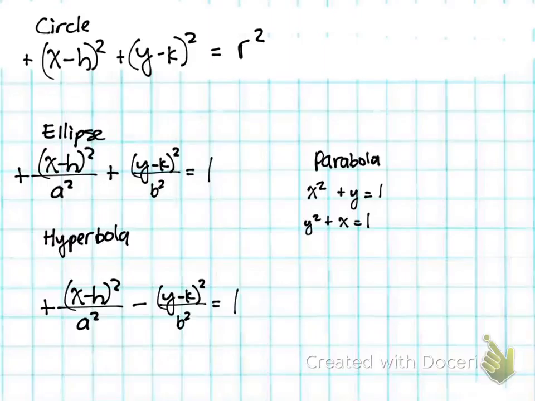A parabola is going to be either x squared and not y squared, or y squared and not x squared. Does that make sense? But don't worry about that today. I'm just going to erase that because I don't want you to get confused. Don't even write that down. That's just a little sneak peek of what's coming up. It's exciting.